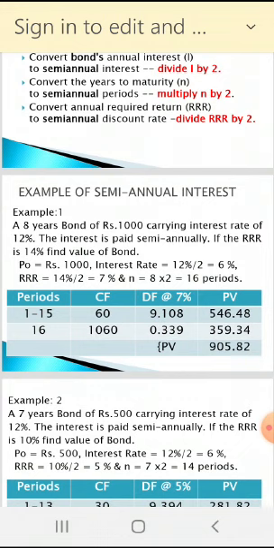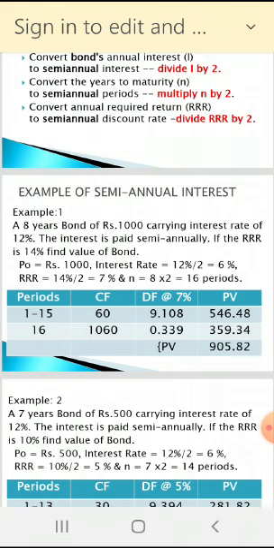In the examination, they will ask this type of example for 5 marks. So we have to understand here. Semi-annually, if the required rate of return is 14%, find the value of the bond. This is a very simple one-sentence example, and we are going to solve it within 3 or 4 minutes, and you will get 5 marks, or 4 marks as the case may be.